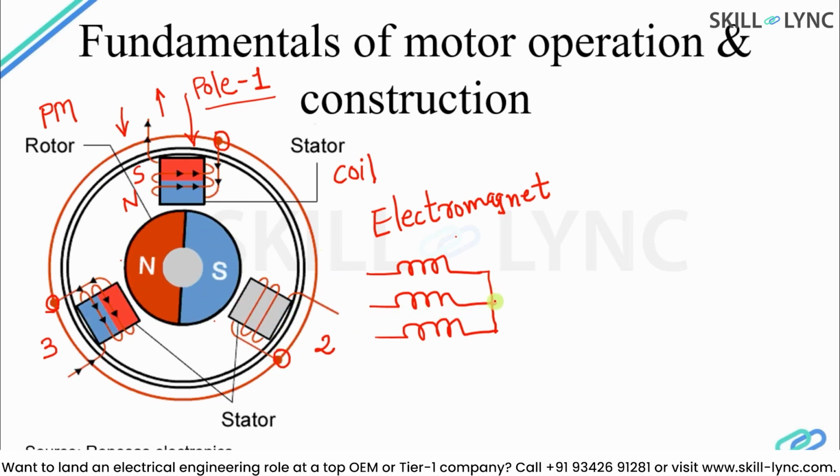So this is a star point or a return path, and these are the phase windings where the current will be either incoming or outgoing. Based on the windings which are excited, the N pole and S pole are created electromagnetically.